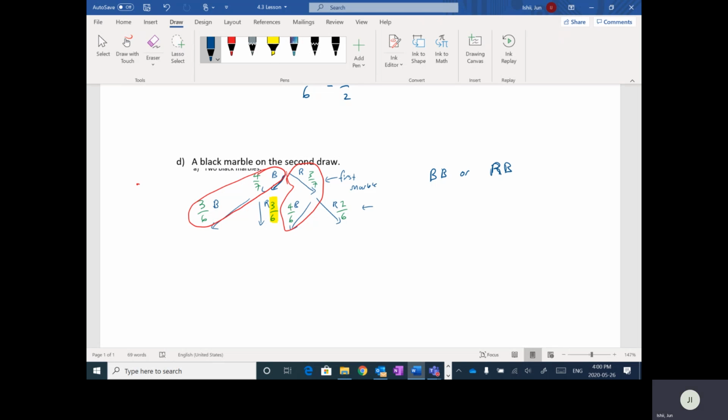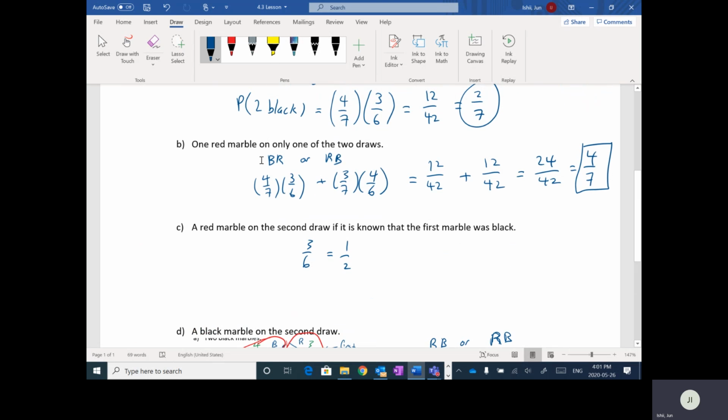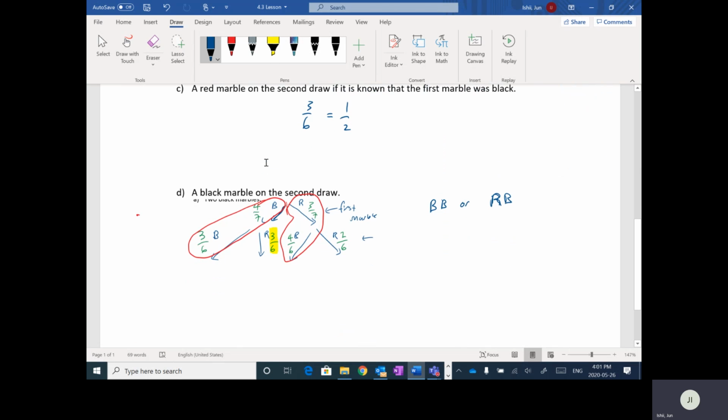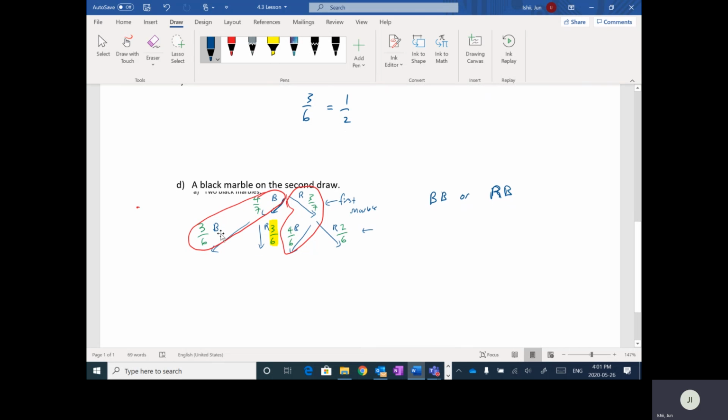This is kind of similar to the second part of the previous example. So these two branches, again it's an OR, so we multiply along each branch: 4 out of 7 times 3 out of 6, or 3 out of 7, the red, and then 4 out of 6.